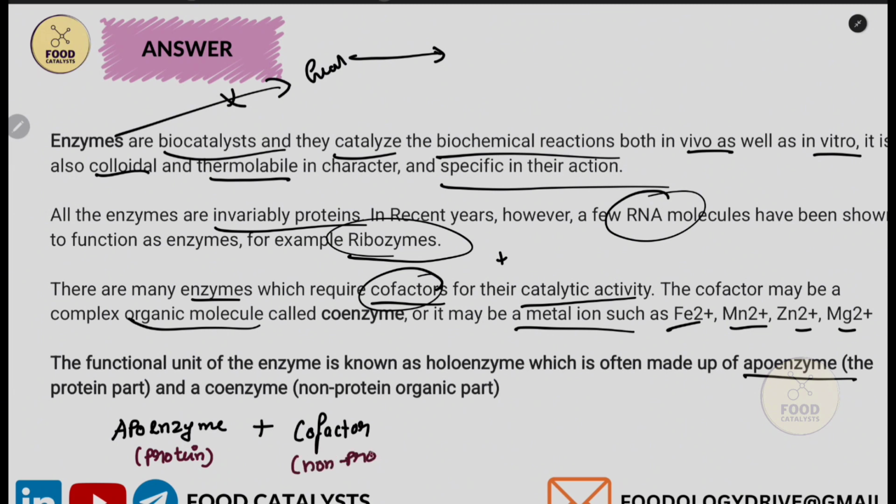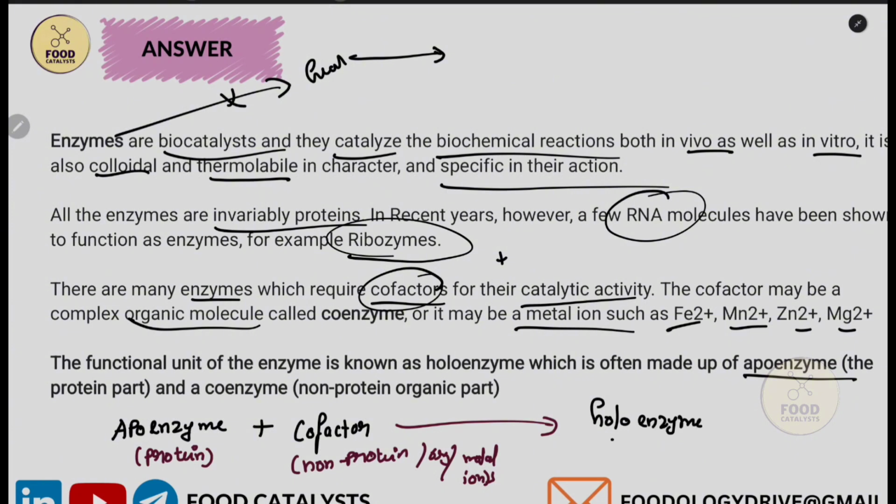Here it's mentioned organic molecules, so it can be an organic molecule or it can be metal ions also, anything. This will ultimately give a complete enzyme. That complete enzyme is called the whole, let's remember this as a whole, holoenzyme.